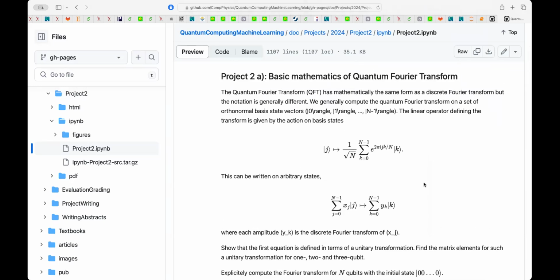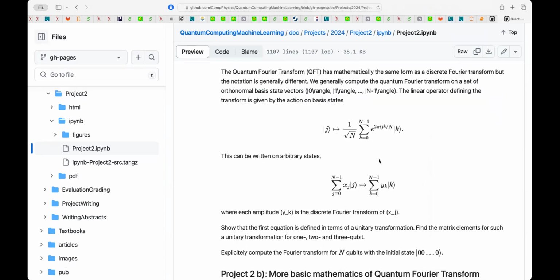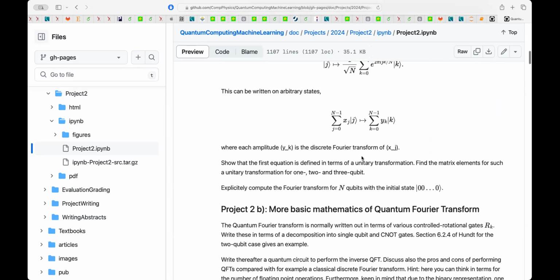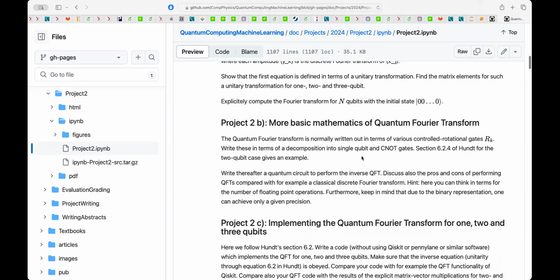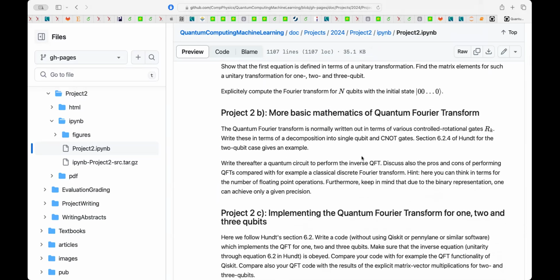So the idea is that you write your own code for the basic quantum Fourier transform. There are some questions about the mathematics, etc. And I'd say that Hunt's book, chapters 6.1 to 6.4, hopefully gives you enough information so you can write your own code. Following those sections should give enough information overall.